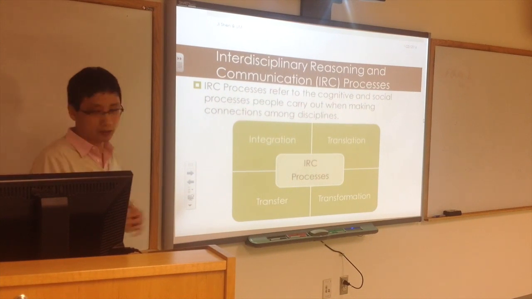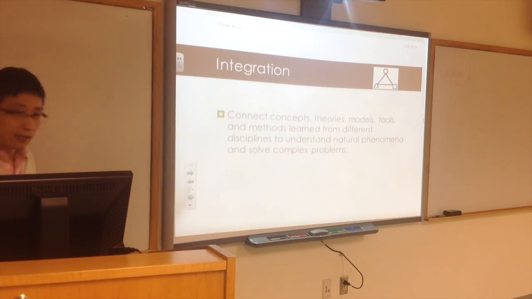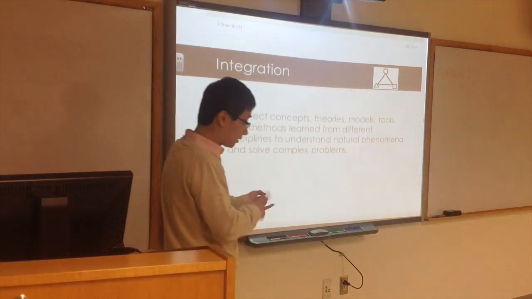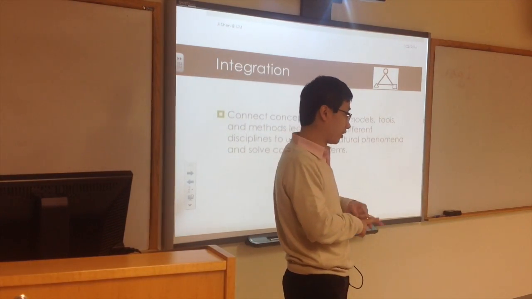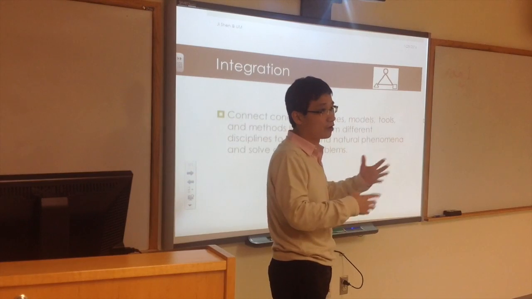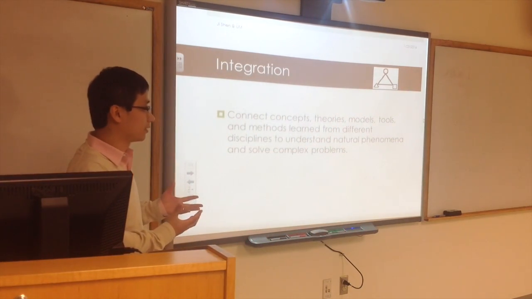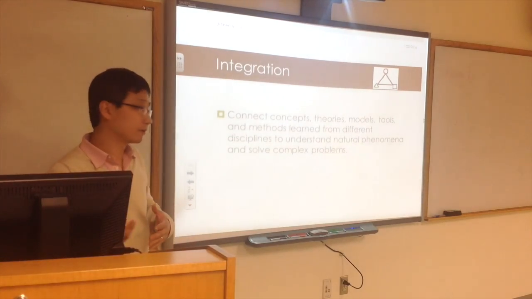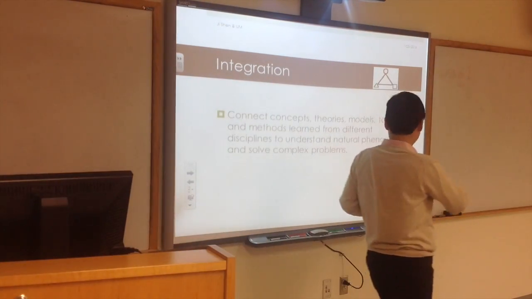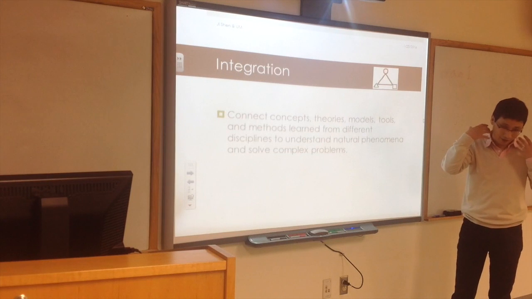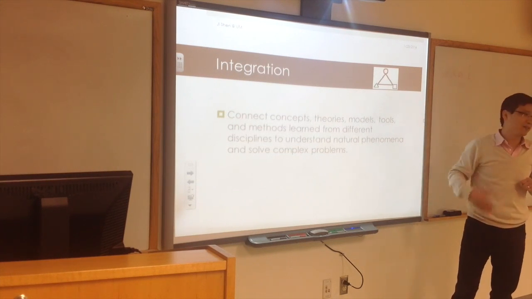No? All right, great. Integration. Again, when we talk about interdisciplinary STEM education, integrated STEM education, this seems a very natural term, right? We want to integrate subject matter from different disciplines. So this icon helps me remember what integration means.